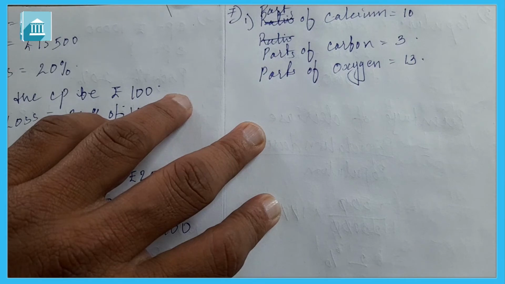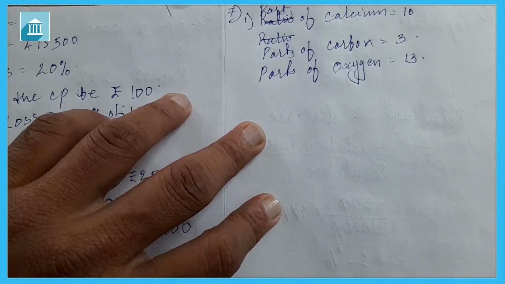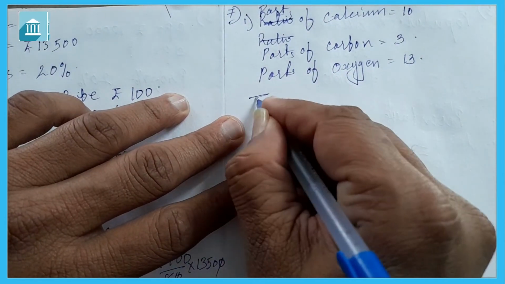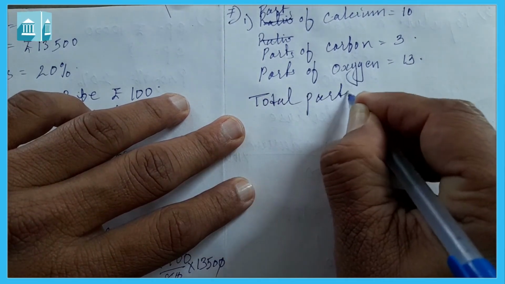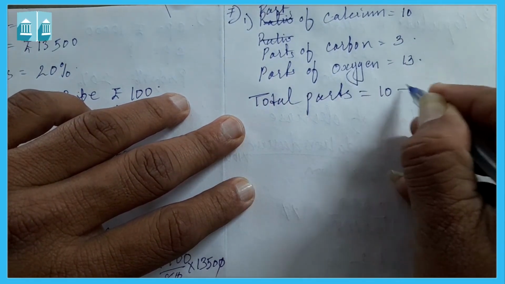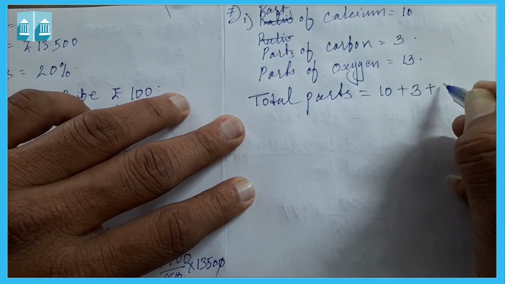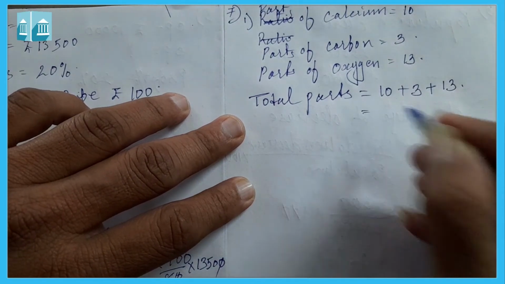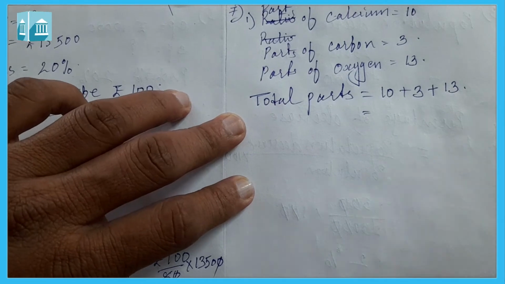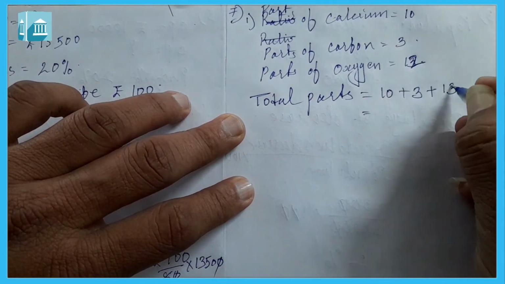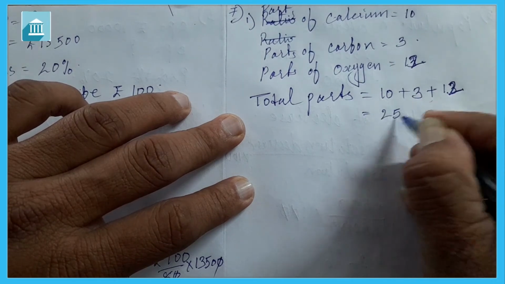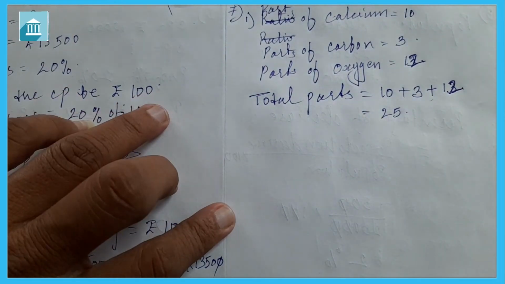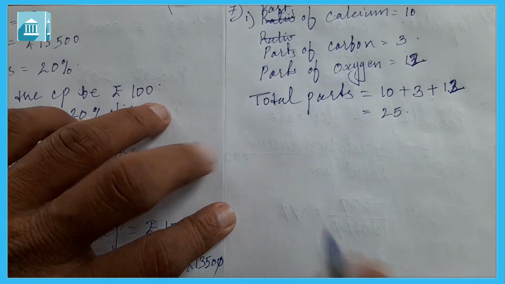We have to find out the percentage of carbon in chalk. So here we can say that total parts is equal to 10 plus 3 plus 12, which is 25. So total parts is 25. Now we have to find the percentage of carbon.